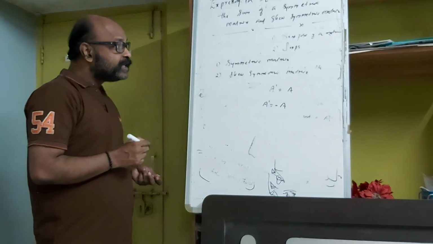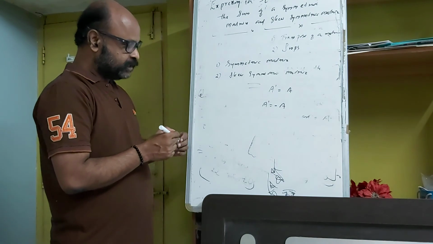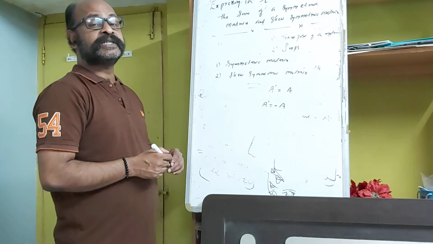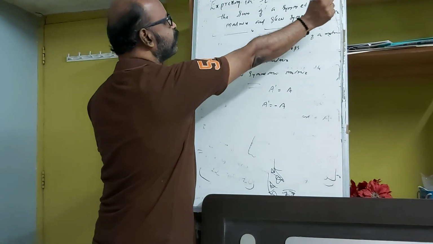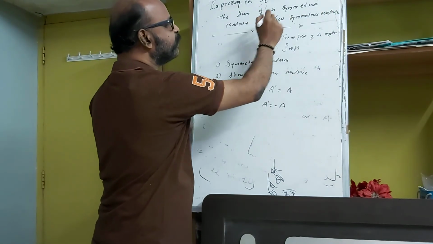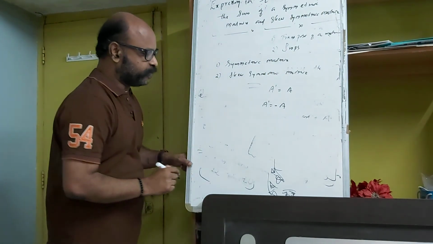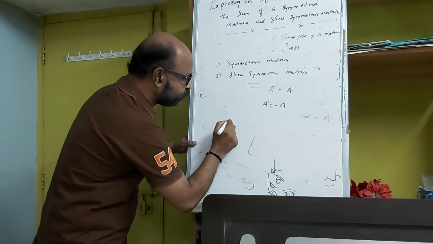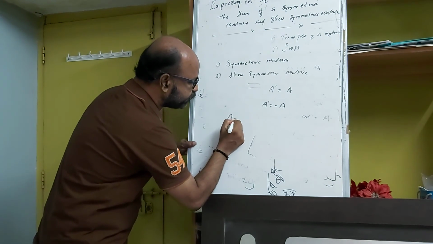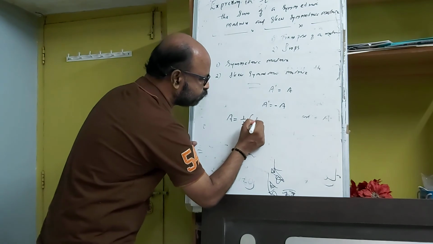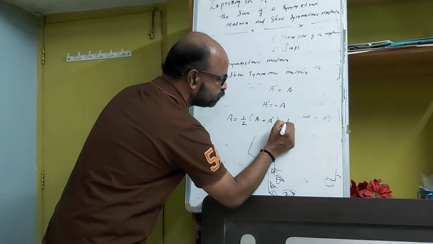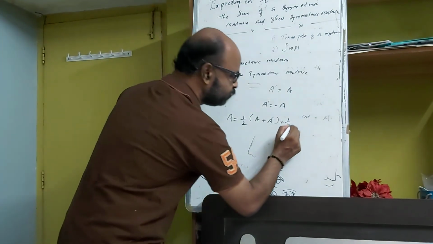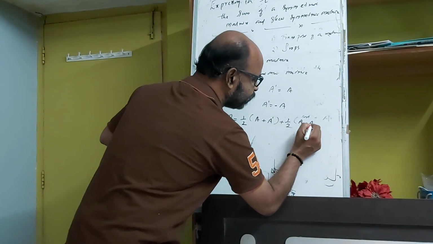Thereafter we discussed the most important conversion: expressing a square matrix as the sum of a symmetric matrix and a skew symmetric matrix. What was the conversion? If A is the given matrix, then A equals half into (A plus A transpose) plus half into (A minus A transpose).